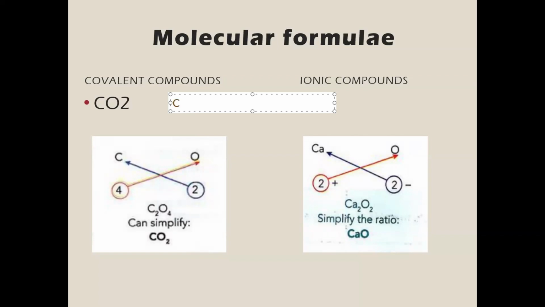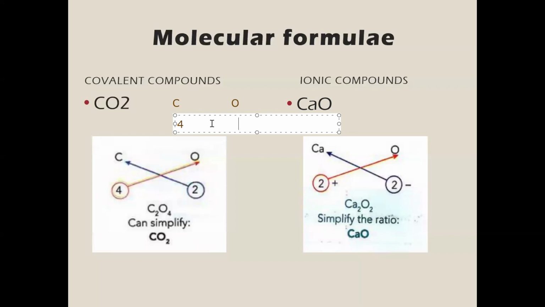So carbon and oxygen. Okay. Then you will need to write the valency of each atom, of each element. The valency of carbon is 4. And the valency of oxygen is 2.